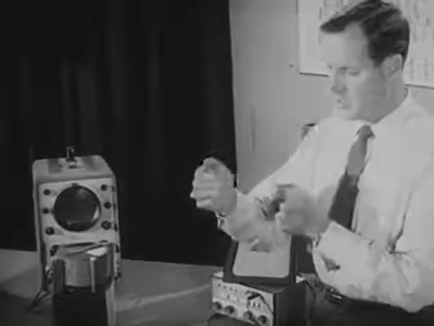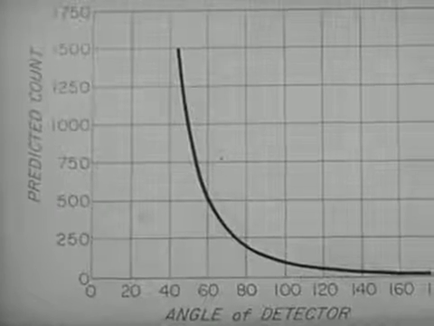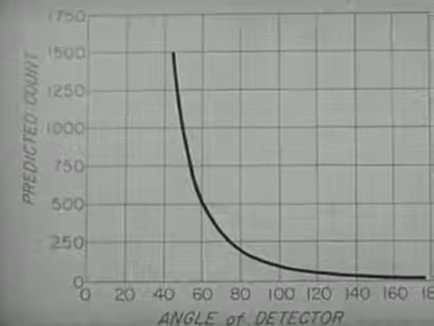For each angular setting of the detector, the rate at which alpha particles struck the detector was carefully recorded. Work which took them months, we can do today in hours with our modern accelerators. After 18 months of painstaking effort, the scattering pattern Rutherford had calculated was decisively confirmed.